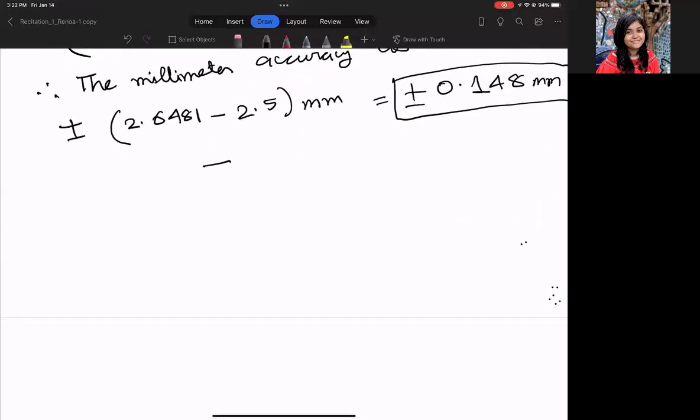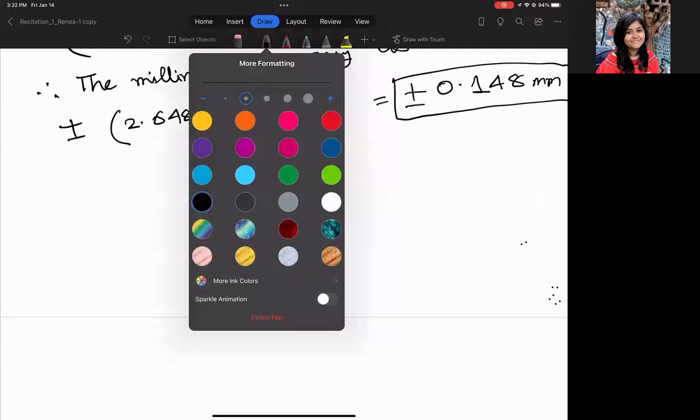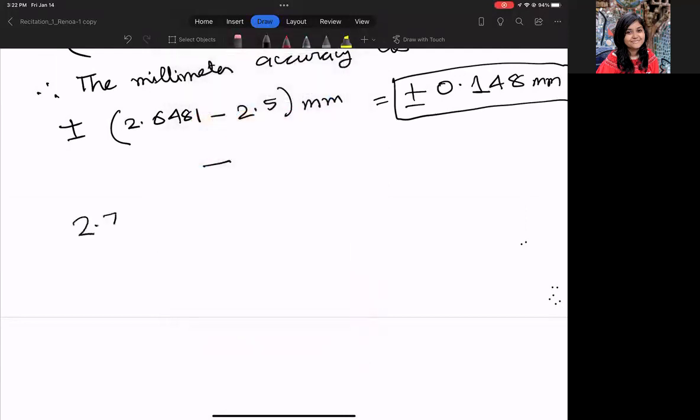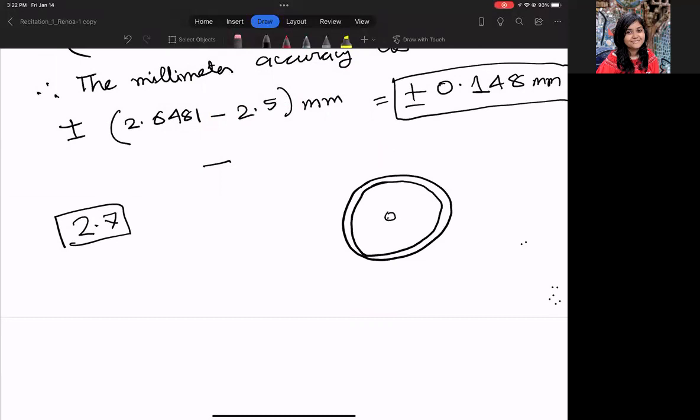So this is our flywheel. And this is the knife edge P, and it's given that this diameter is 12 inch.